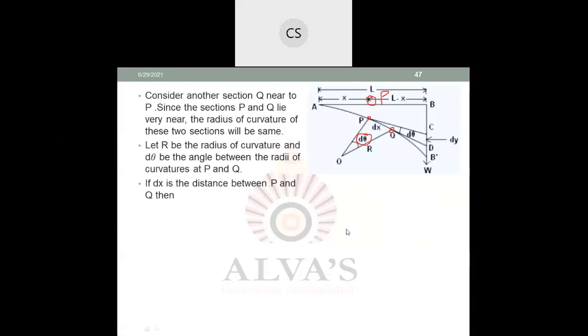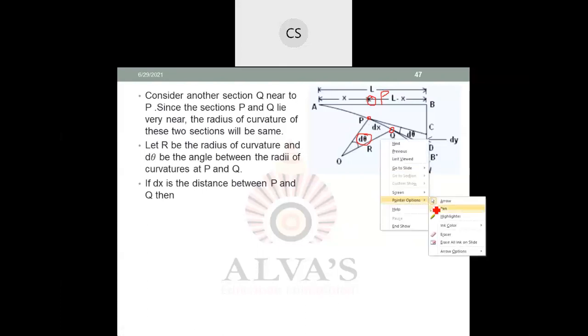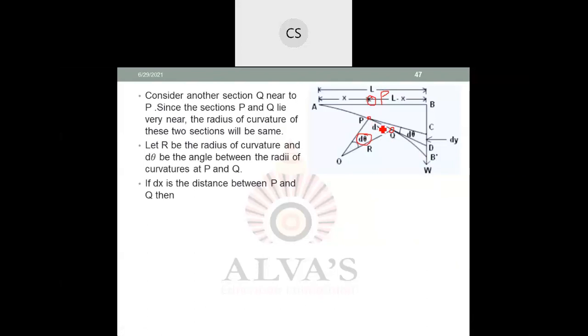Let us say dx is the distance between P and Q. My line has got bent, no problem. Because P and Q are very close, the radii of curvature are one and the same.